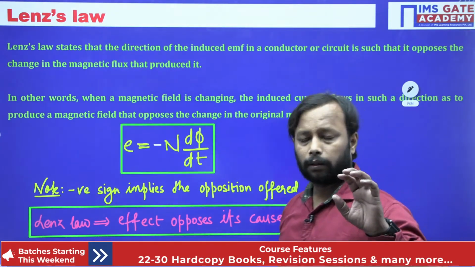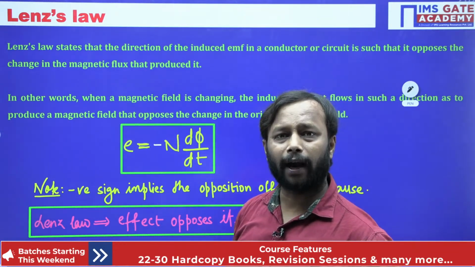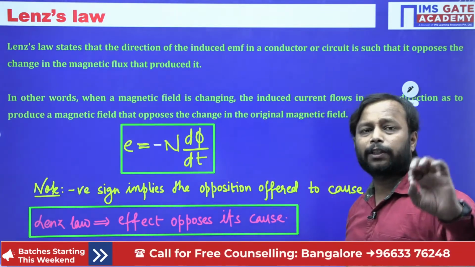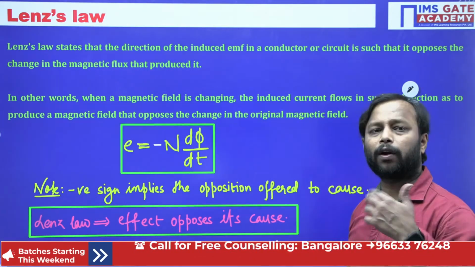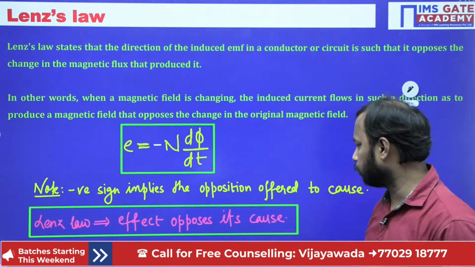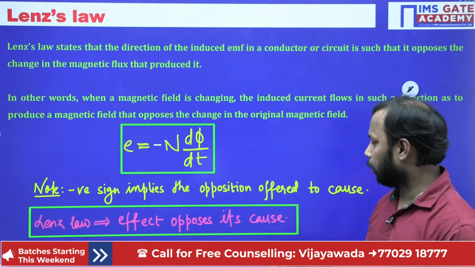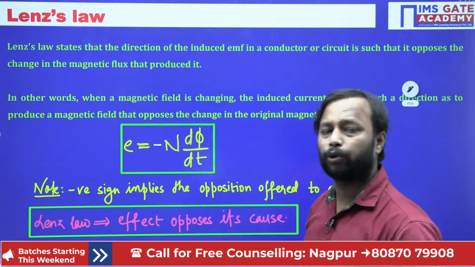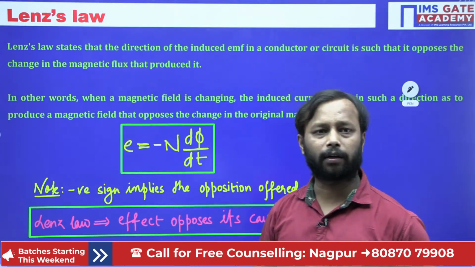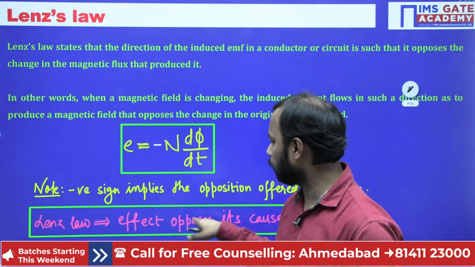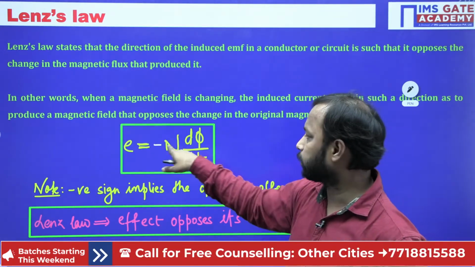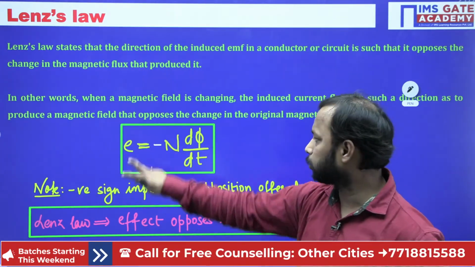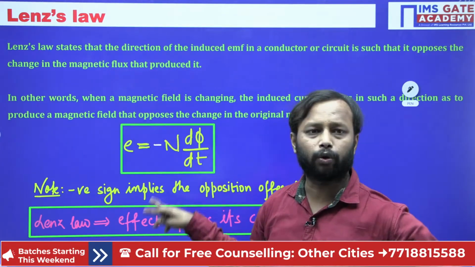The cause here is whatever quantity the EMF has been produced by, and this cause is going to be opposed by the effect. This opposition is represented by a negative sign in Faraday's law. So this makes the equation complete.